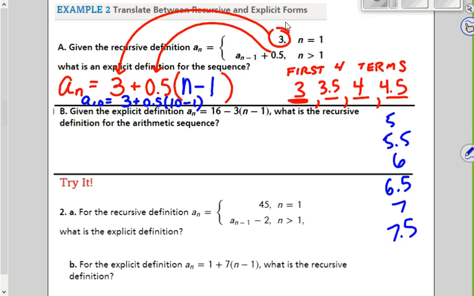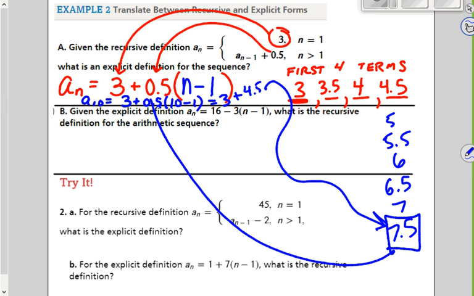Or I would add a half 9 times. Well, 3 plus half of 9 is 4.5. Lo and behold, 3 plus 4.5 is 7.5. That explicit formula does the job.